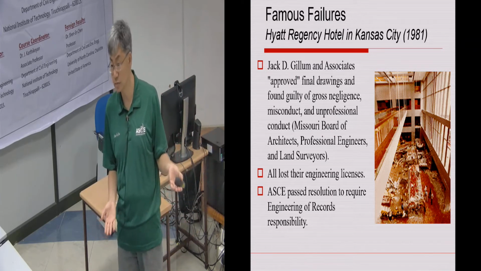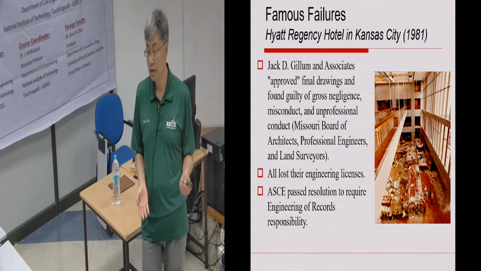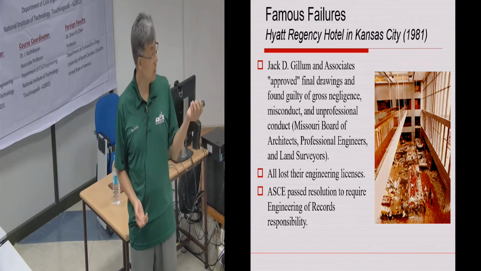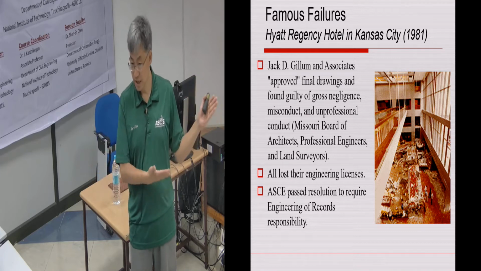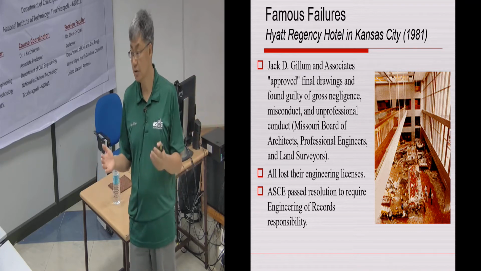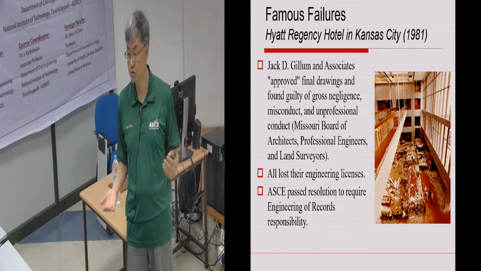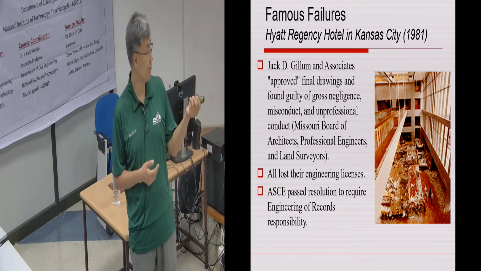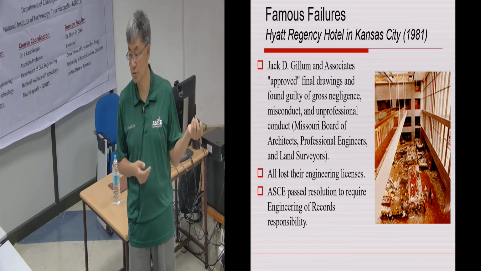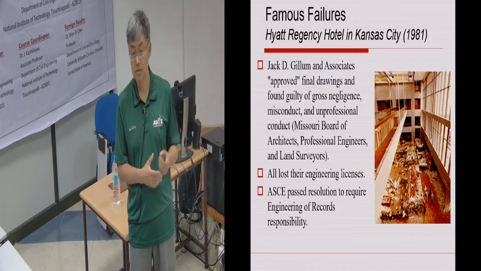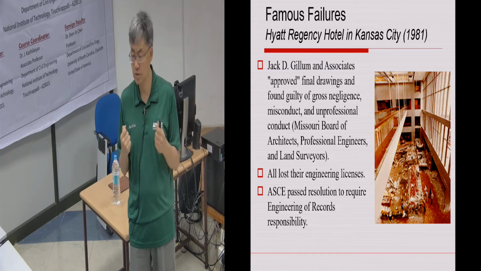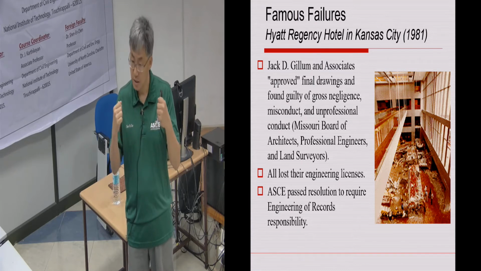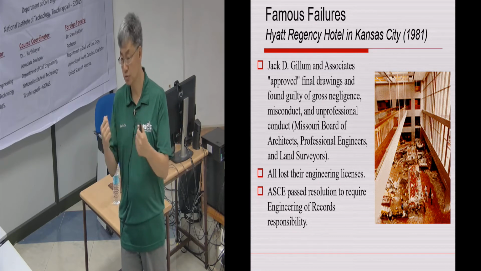He's still around today, an older gentleman now. He would teach his failure as a lesson learned for many, many young engineers. During one of our congresses, we asked him to come and present his case. It is really sad, but this gentleman is bold enough to share his failure with the rest of us.